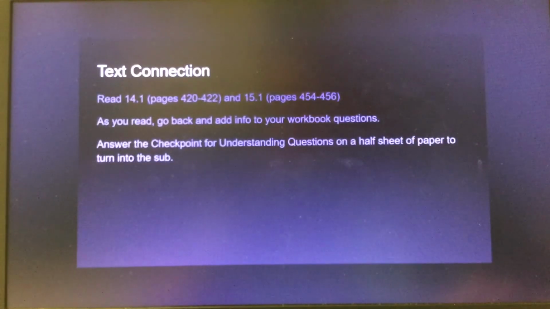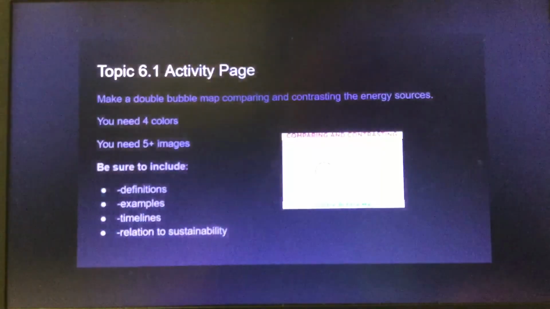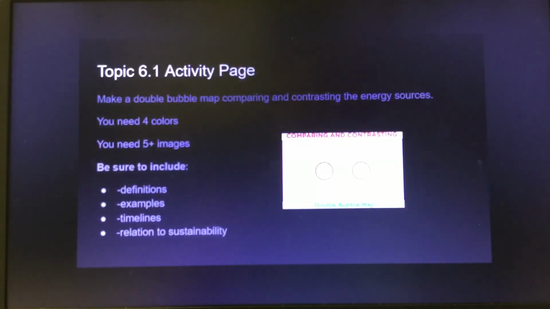Once you have read, then I want you to look at your topic 6.1 activity page. What you're going to do here is make a double bubble map, which is a little hard to see here in your video, but you can see it on the actual slideshow. Basically you're just going to talk about renewable and non-renewable energy sources, and tell me what things they have in common, but also what things are different.